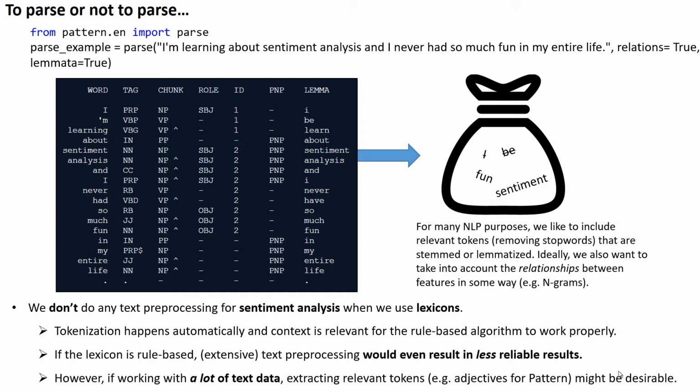Now, if you just tokenize the words and create a bag of words model, then you remove all information when it comes to the order of words. And if you do that, well, then the rule we just made up is totally useless, because the bag of words model doesn't know that the token not precedes the word great. So for this reason, the second reason also, we don't perform parsing when we do sentiment analysis with these modules.